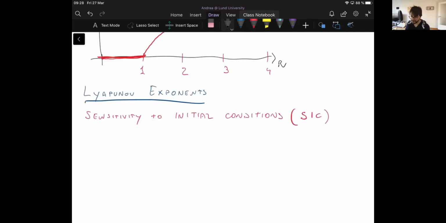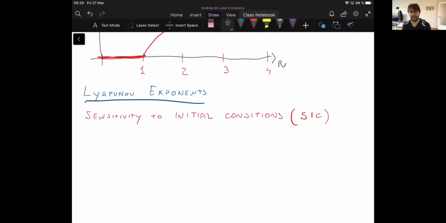Sensitivity to initial condition exactly expresses this property of having solutions that are extremely close to each other but diverge in an exponential way. And the Lyapunov exponent is the exponent of this exponential, of how two solutions diverge in the future. So this is a hallmark of sensitivity to initial condition.